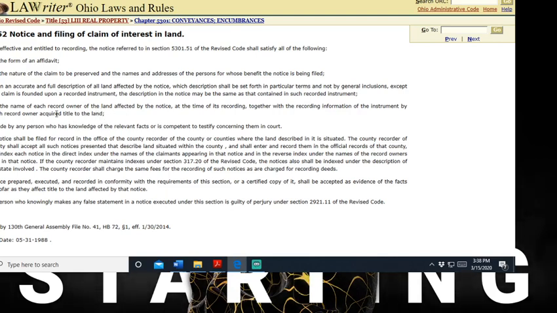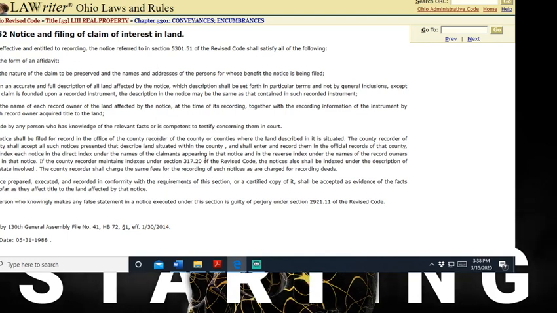So, if there was intellectual property, he created it. It didn't say be made by any person who has knowledge of relevant fact or is competent to testify. So I'm telling you how to do it correctly. They tell you what to do.